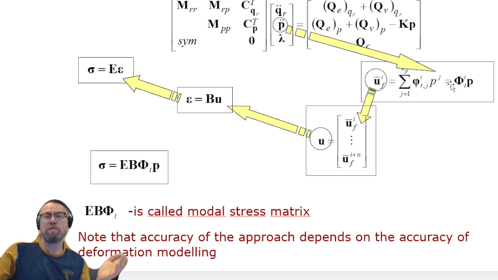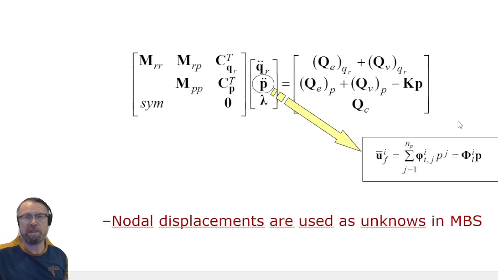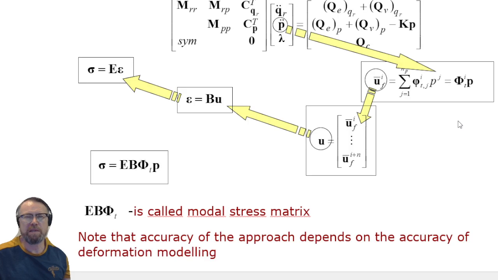Okay, here it goes. Let me start from the beginning. So this is p double dot, and once you solve the equation of motion, you can get p. Once you get p, you can get the nodal displacement.